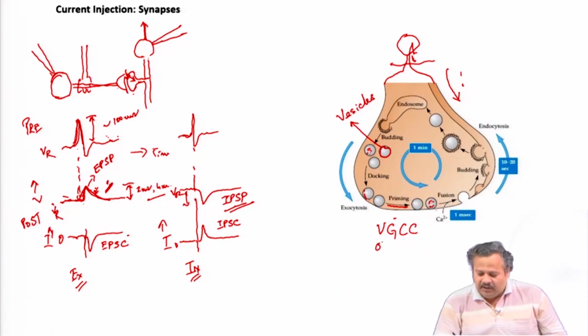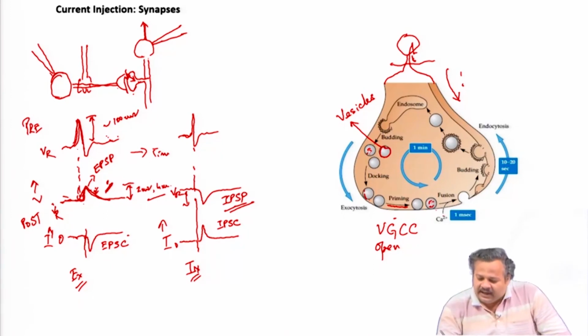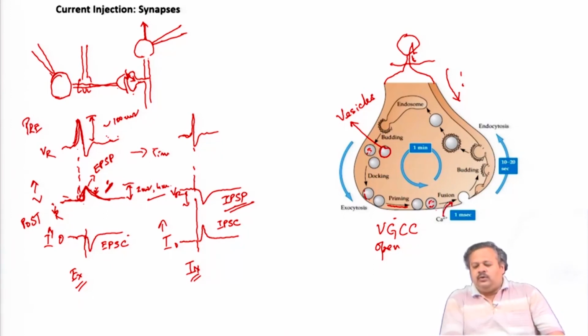VGCCs open due to the action potential, and that causes calcium to come into the presynaptic terminal.